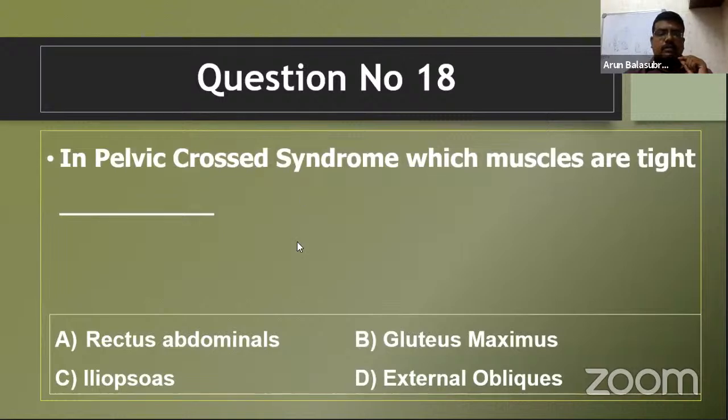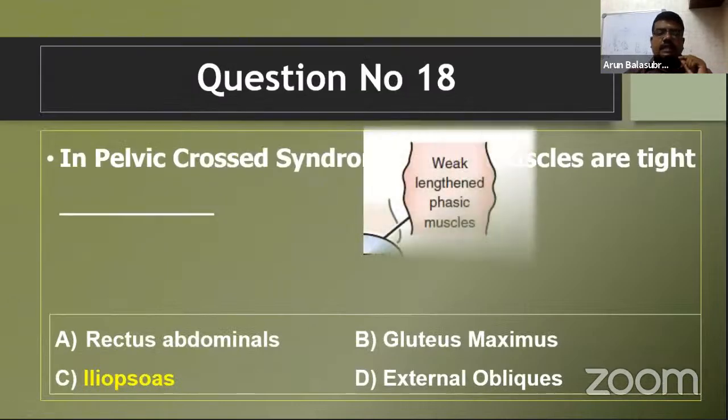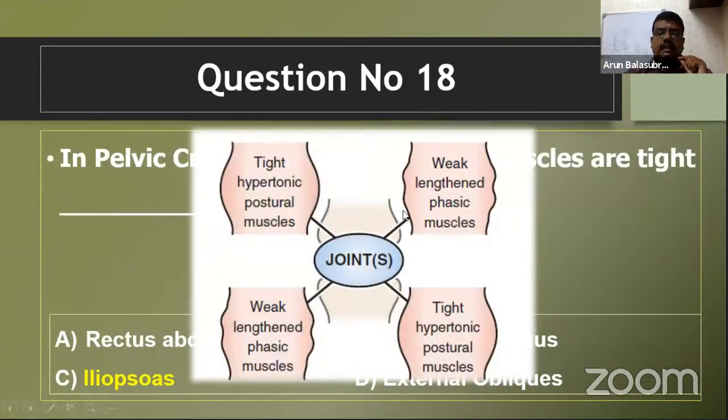Pelvic cross syndrome produces anterior tilting of the pelvis, so iliopsoas is the tight muscle. Looking here, this is how the crossing occurs, with tight muscles and weakened muscles. In low back pain, iliopsoas and lumbar extensors go for tightness, and abdominals and gluteus go for weakness. Because of iliopsoas tightness, the pelvis tilts anteriorly, increasing lumbar extension and lumbar lordosis, and then the patient will have more low back pain.